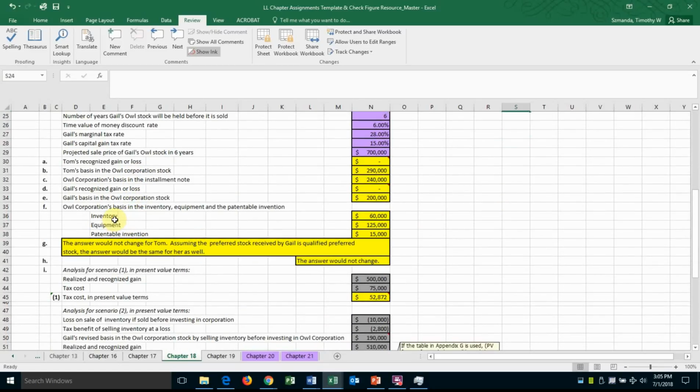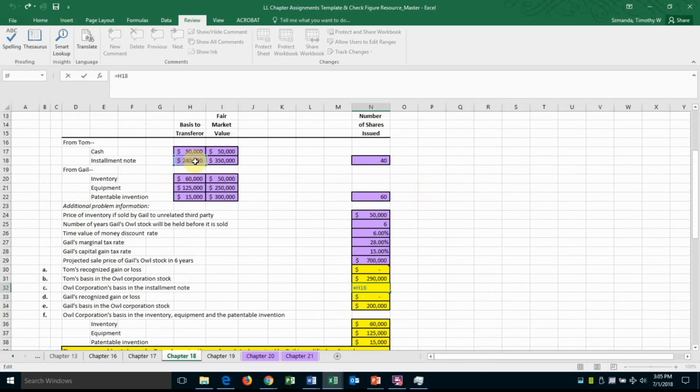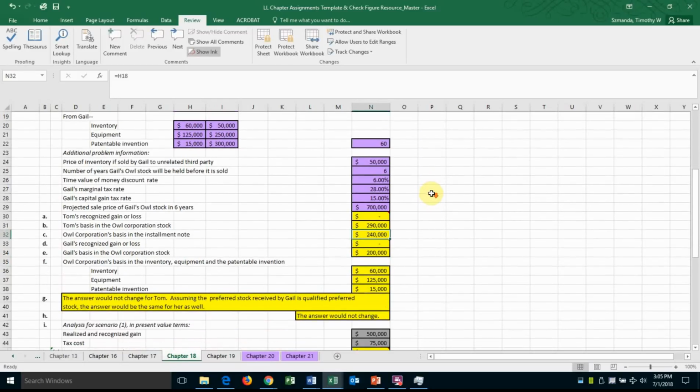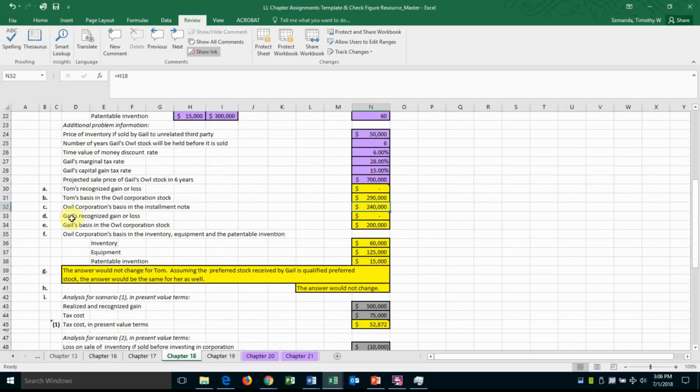Moving down to part C, Owl Corporation's basis in the installment note. Well, Owl Corporation's basis in the installment note would be the same as Tom's basis. So in these yellow cells then, as we've talked about and have listed in some of the instructions for these spreadsheets, we'd have the answers. For part D, what is Gail's basis in Owl Corporation?